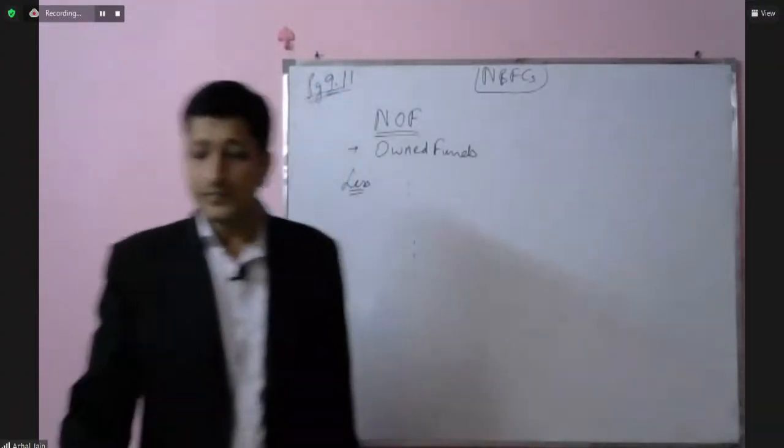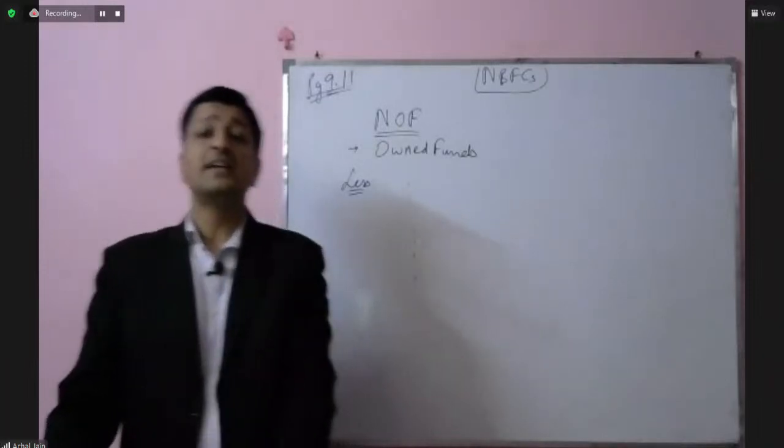Okay, great. Vasudha is saying, sir, tier 1 capital.